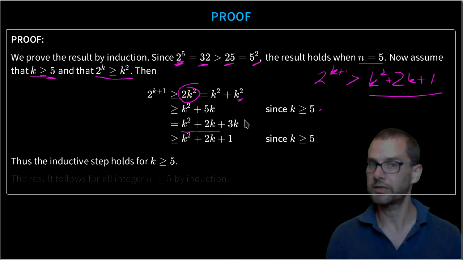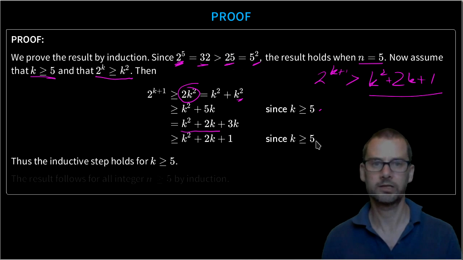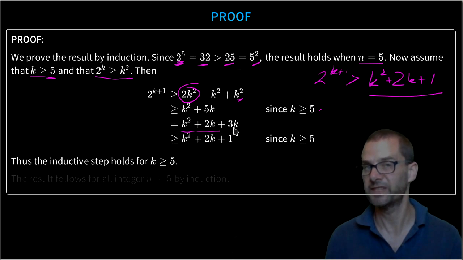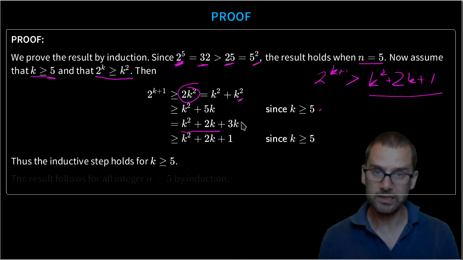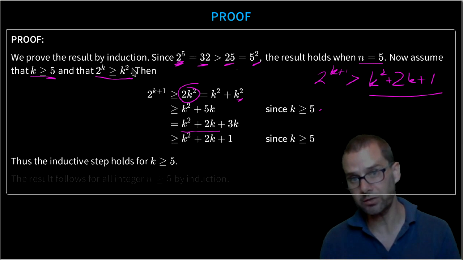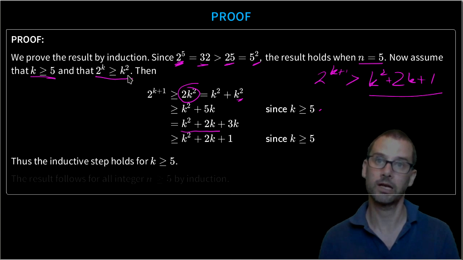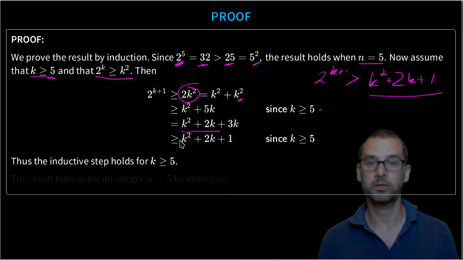And now we just have to worry about this 3k. Well, 3k is definitely bigger than or equal to 1 because k is bigger than 5. Indeed, this is bigger than 15. So this expression is definitely bigger than or equal to k squared plus 2k plus 1. So we've shown that based on our assumption that k is bigger than 5 and 2 to the k is bigger than or equal to k squared, 2 to the k plus 1 is bigger than k plus 1 squared.